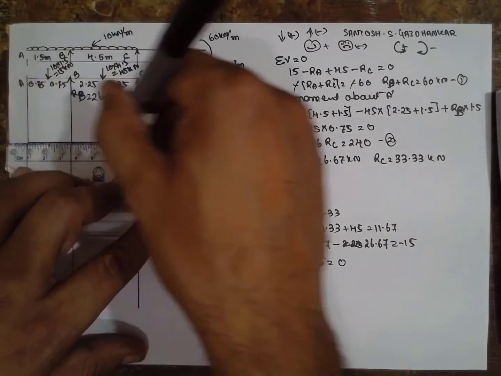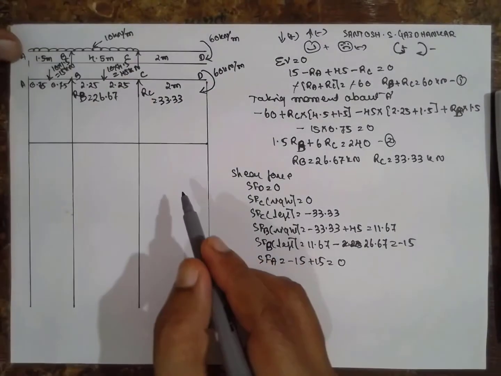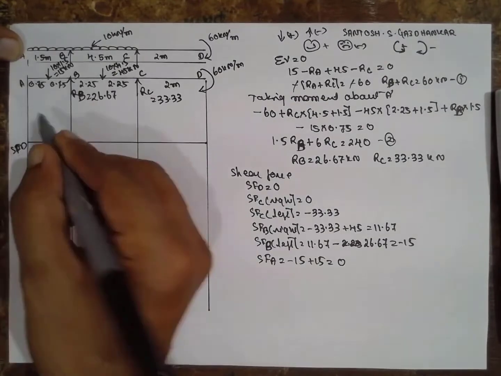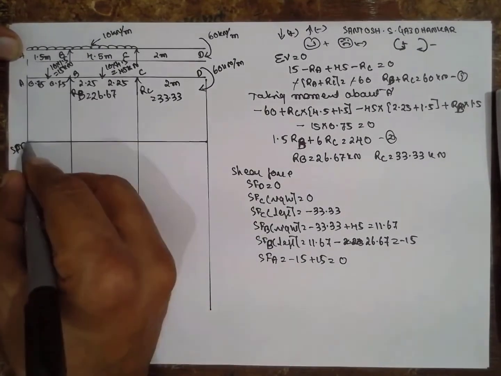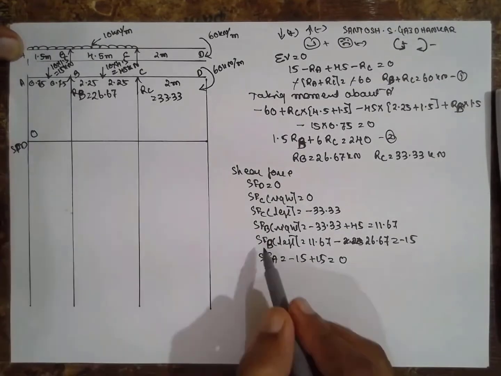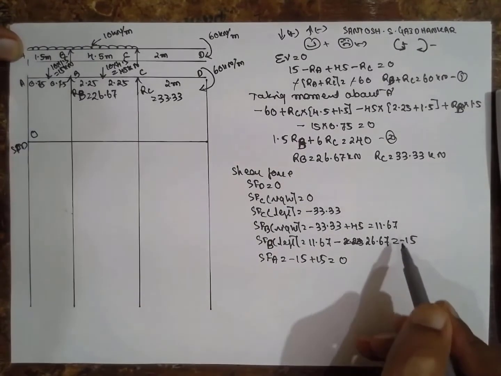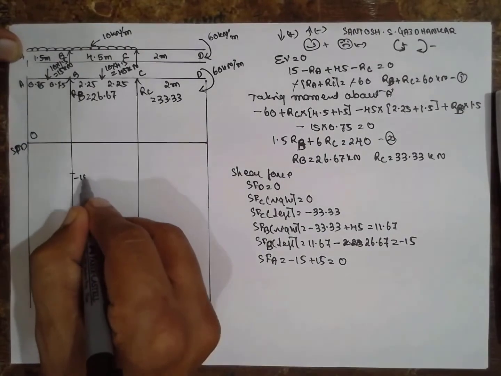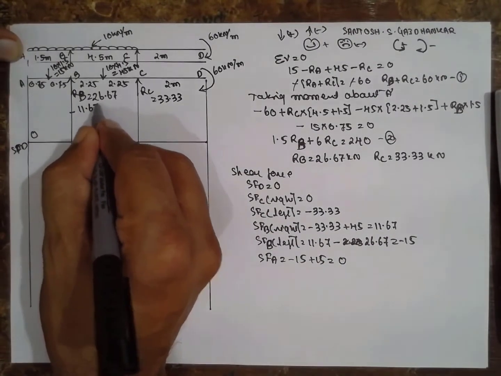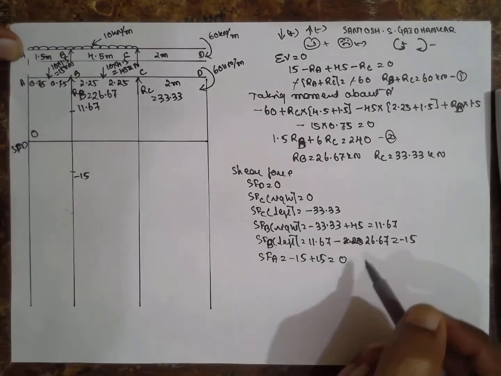This is one of the toughest problems in VTU. SFD, above is positive, below is negative. First is 0. At B there are two values, 15 and this is minus 15, and positive 11.67, two values.